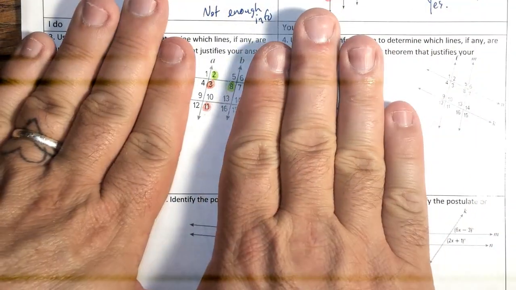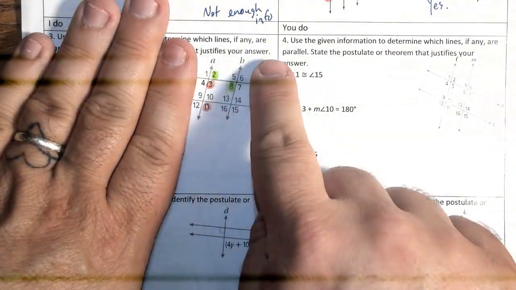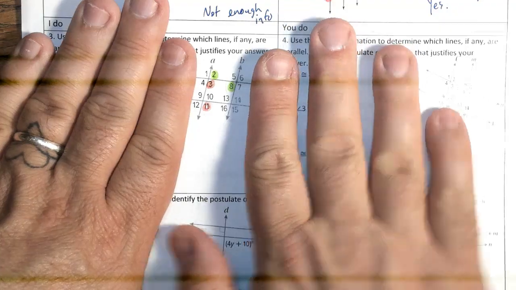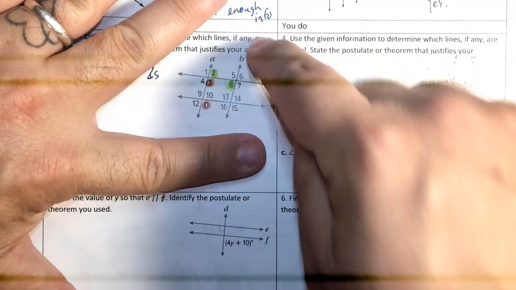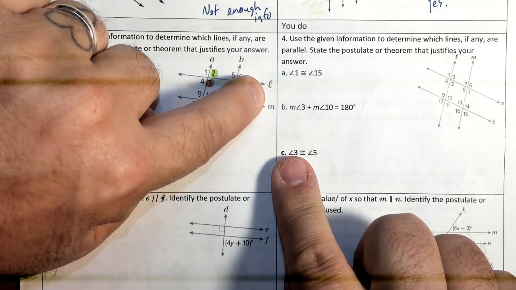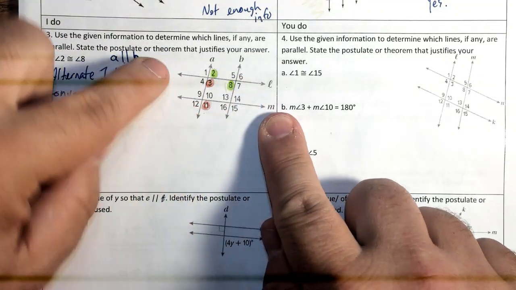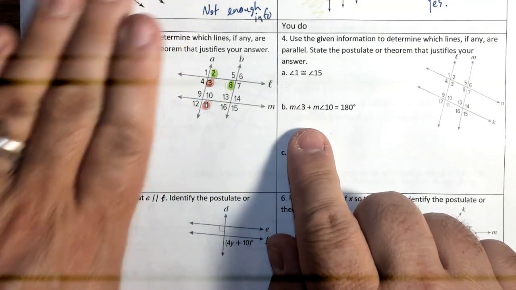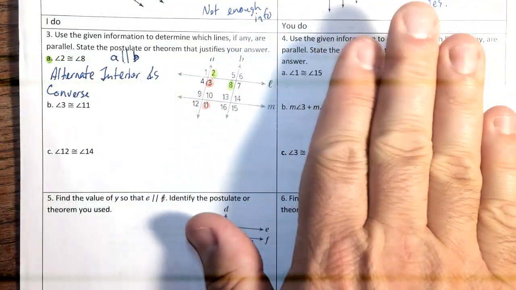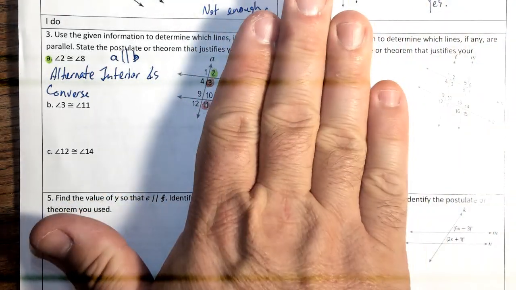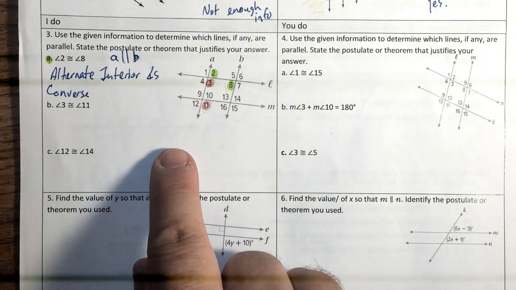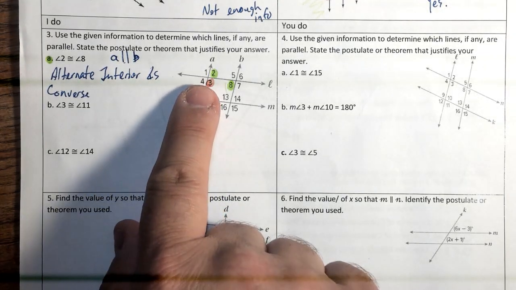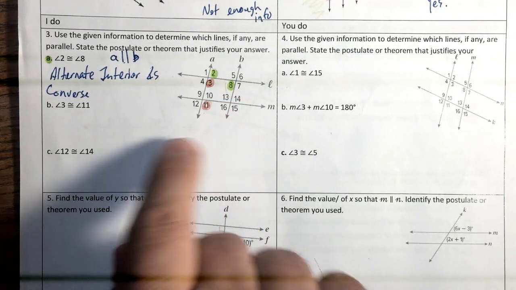If we're looking at A and B, we can't really do A and B. We're going to have to do L and M because these only touch A, they didn't touch B. So 3 touches L, 11 touches M. So we're talking about L and M. Notice that 3 is the bottom right, 11 is the bottom right.